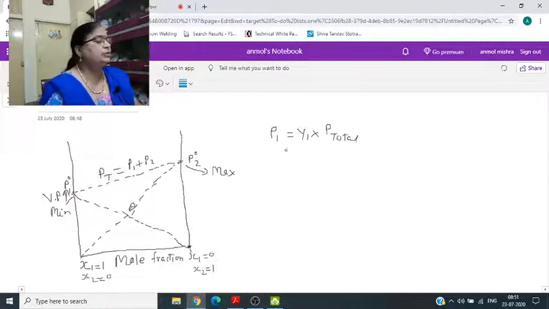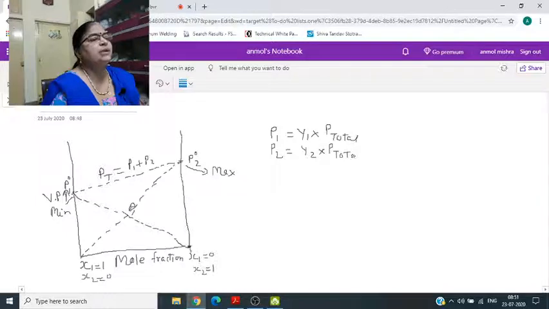If we want to find out the pressure in the vapor phase, Y1 is the mole fraction in the vapor phase, P1 is the pressure in the normal case, and P total will be P1 plus P2. So in general, P2 will be equal to Y2 into P total. I will explain this formula by doing the numerical.